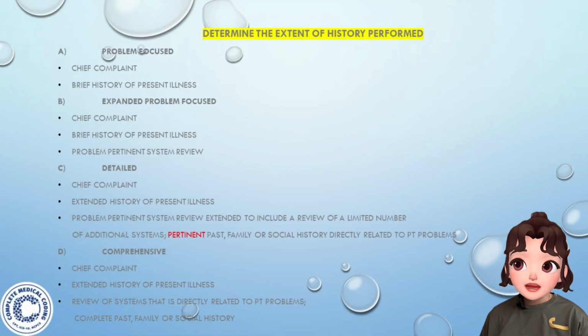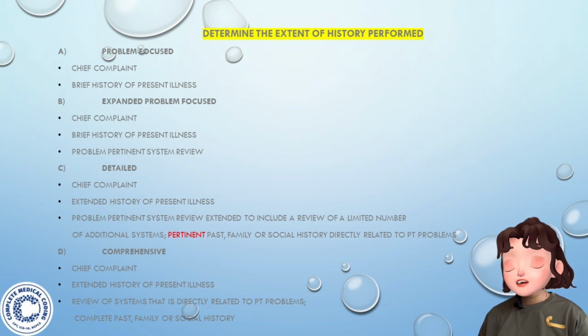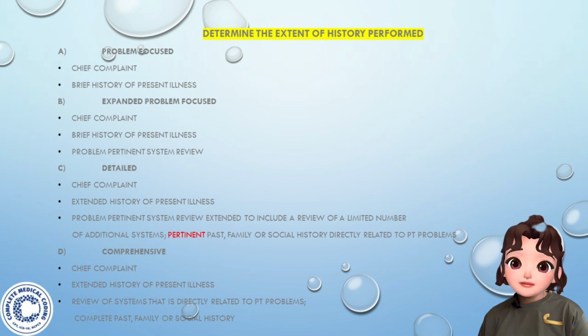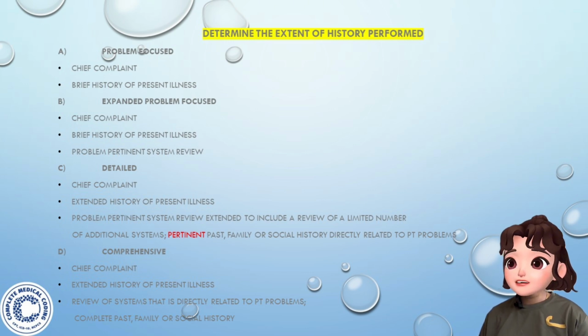First one, the history. How will you determine the extent of history performed? 4 things are there, right? Problem focused, expanded problem focused, detailed, and comprehensive. How will you identify a problem focused history? In a problem focused history, there will be a chief complaint and a brief history of present illness.